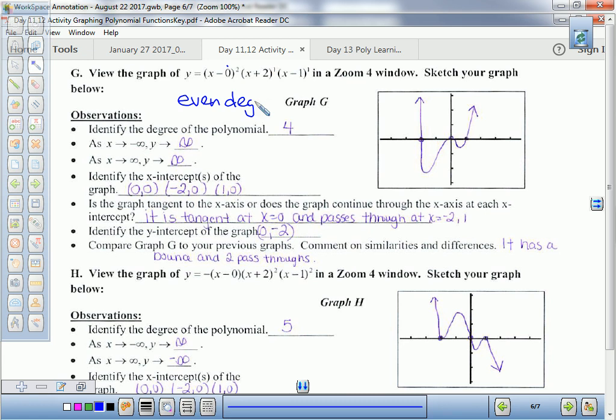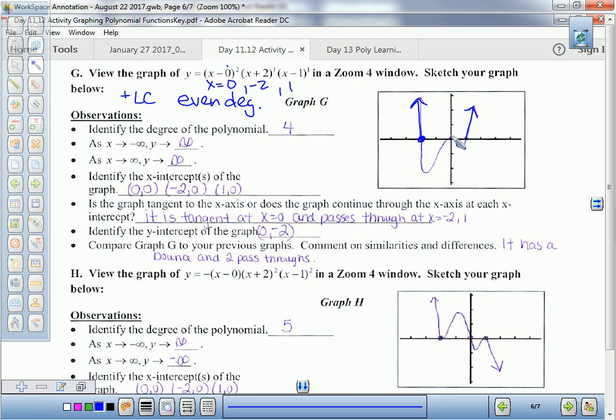They either rise, rise, or fall, fall. Because it's a positive leading coefficient, it's going to rise to the left and rise to the right. I know there's an x-intercept at 0. There's another one at negative 2, and another one at positive 1.